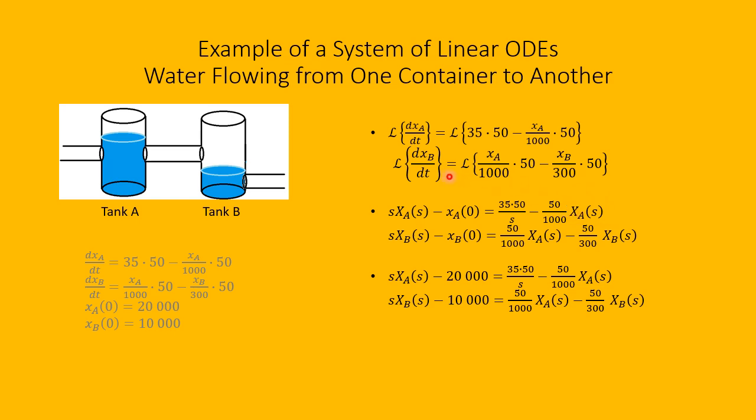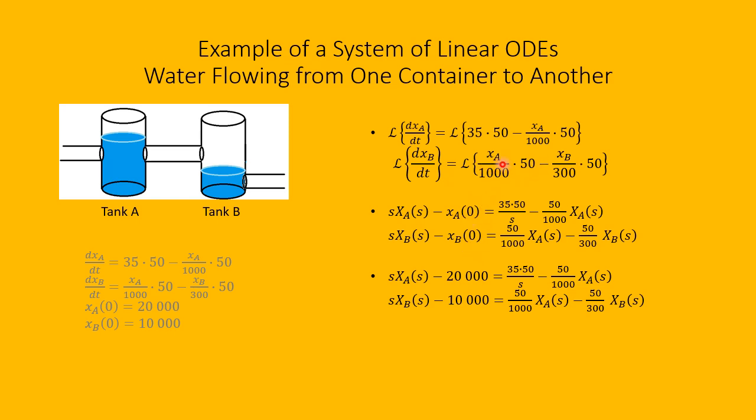We do similar things with this second equation. This Laplace transform of a first derivative is x sub b of s minus lowercase x sub b of 0. Remember that these are functions of time, and we're evaluating them at time equals 0 here.